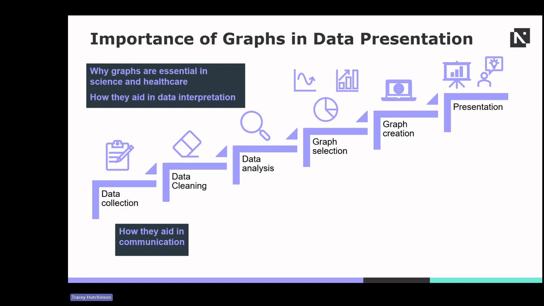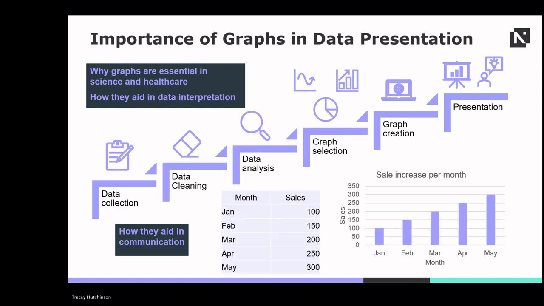When sharing, effective communication is key, and graphs are powerful tools in this regard. Let's explore how graphs such as bar graphs enhance communication compared to tables. Graphs provide a visual summary of data that can simplify complex information.